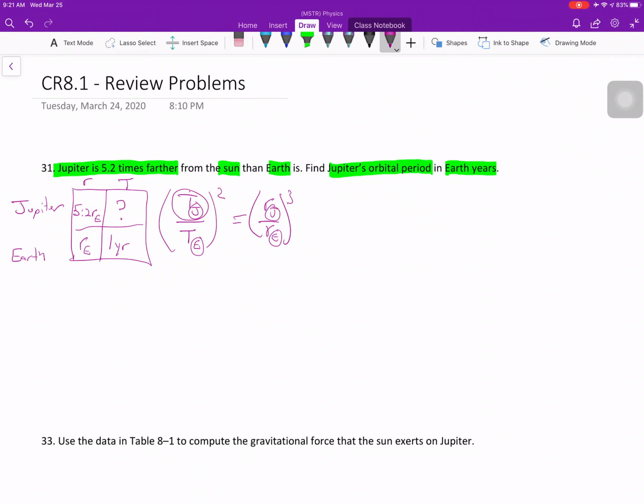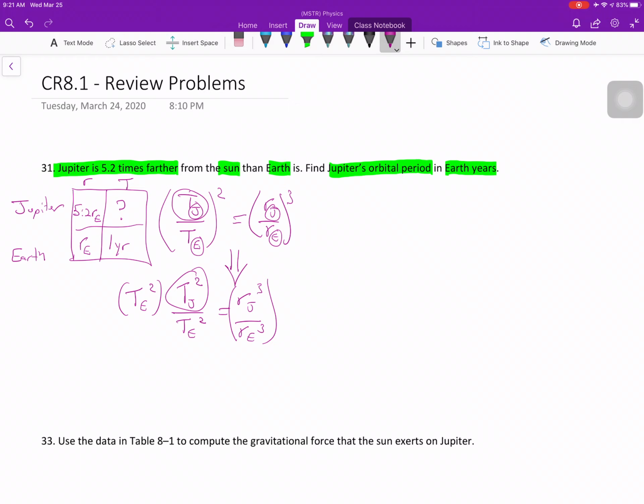We also can now extrapolate, instead of keeping it in parentheses, that this is the period of Jupiter squared over the period of Earth squared. And this is the radius of Jupiter cubed over the radius of Earth cubed. When we do that, we want to solve for Jupiter by itself. So let's multiply both sides by TE squared.